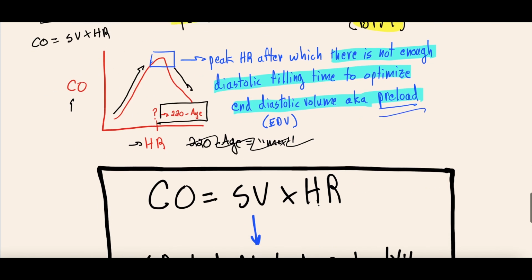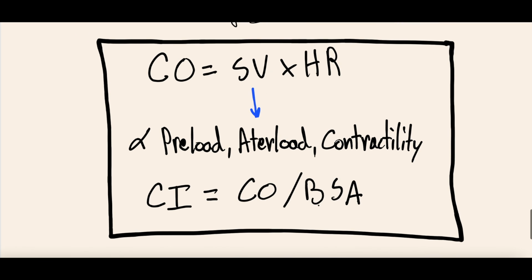So the summary statement here, if we were to tie everything together, we now know that cardiac output equals stroke volume, which is the end diastolic volume minus the end systolic volume in the ventricle, times the heart rate. And we know that the stroke volume is proportional to the preload, which is the amount of actual blood, the volume of blood in the ventricle right before it's going to contract.